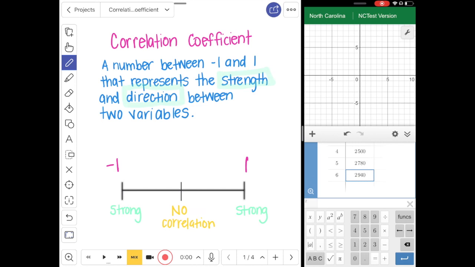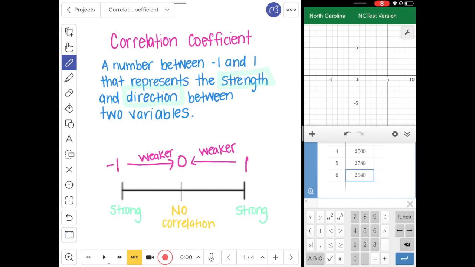And as I move closer to 0 on that number line, that means that the weaker it's going to become. So no correlation is when that value is 0. So the closer my values are to 1 and -1, the stronger they are. The closer my correlation coefficient is to 0, the weaker they are, and eventually will be no correlation.